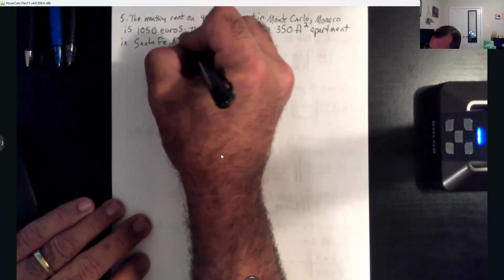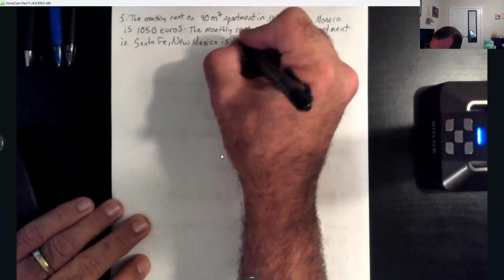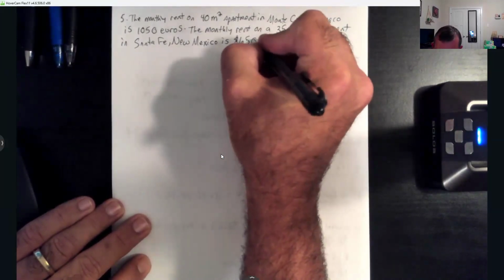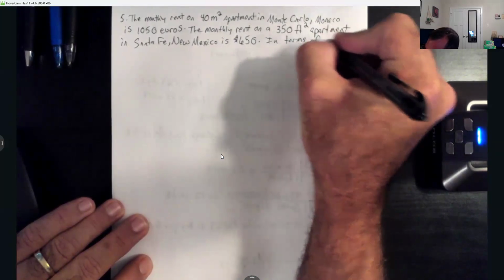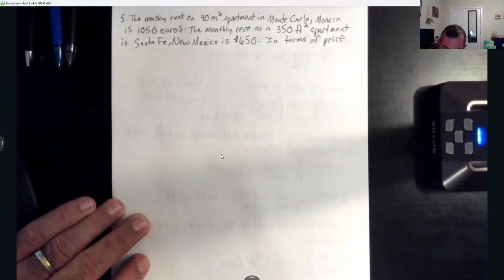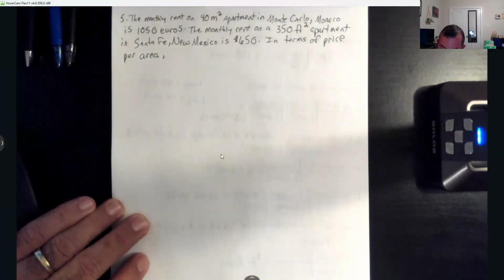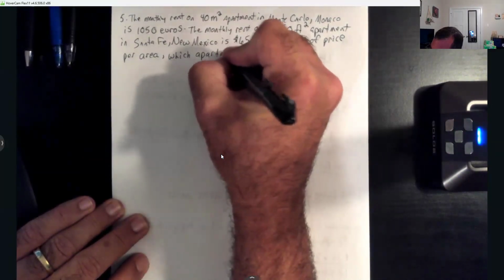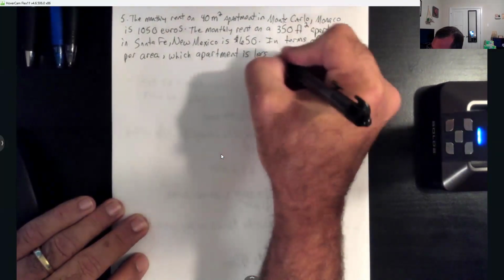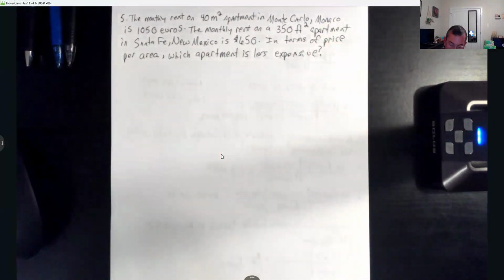In New Mexico, is $650. So what they want to know in terms of price per area, which apartment is less expensive? All right, so they'll give you conversions you need on this one.